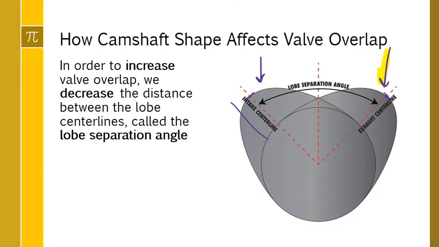So if we made, and this is going to be terrible, I'm sorry, a picture where they're much closer together, what you end up getting is more valve overlap, which seems counterintuitive, but there's more time that they're both open. And if you spread them out really far, oh my goodness, I'm so sorry, you're going to have less valve overlap. All right, let's abandon that horrible drawing and head to the diagrams.